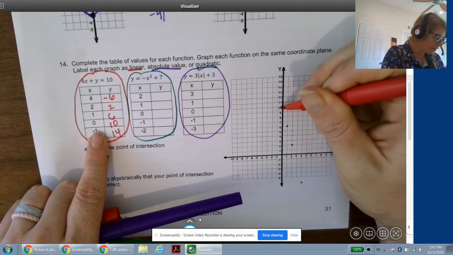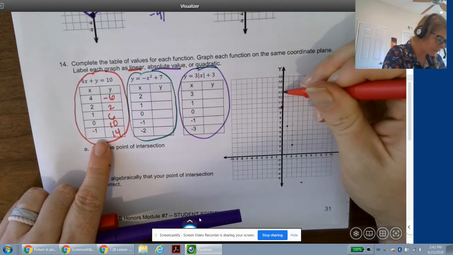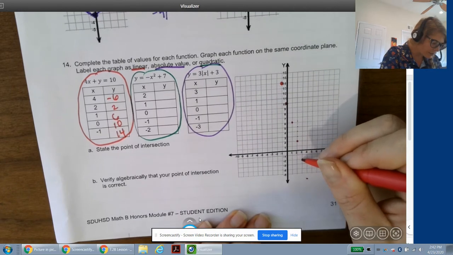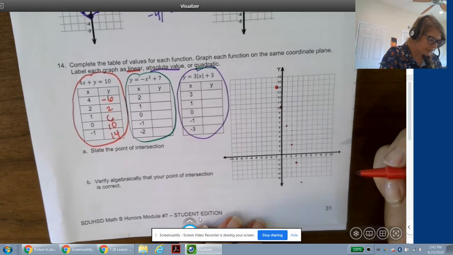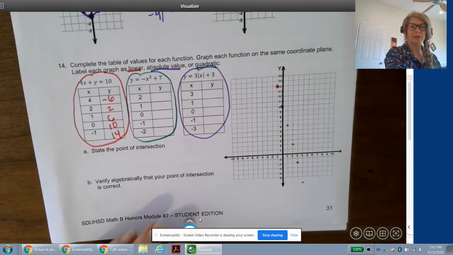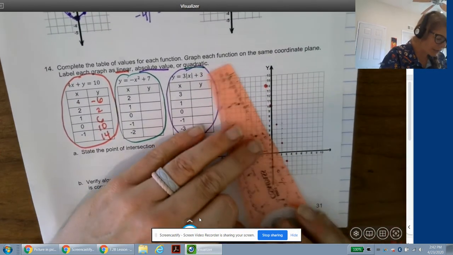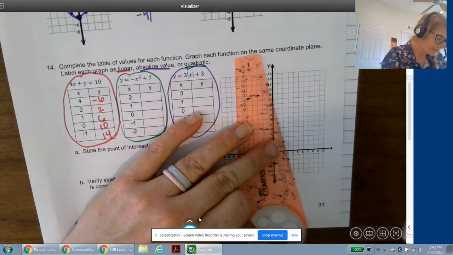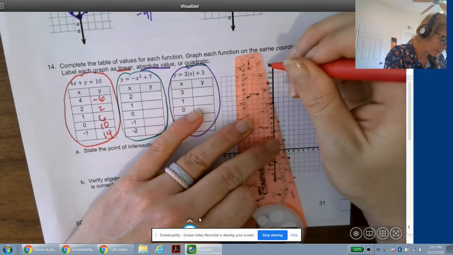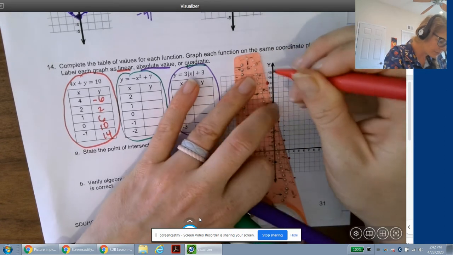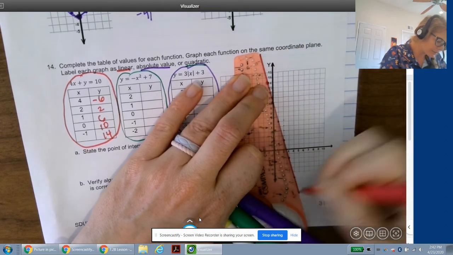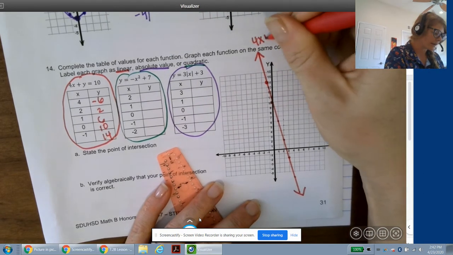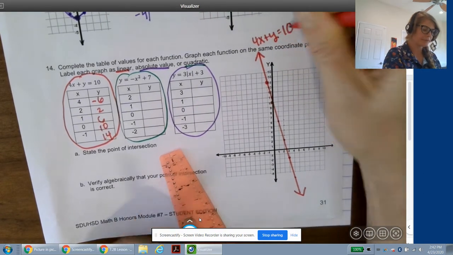Perfect. Since they skipped 3, I'm going to use a tool to quickly graph this. There we go. That's our linear function, which is 4x plus y is equal to 10.